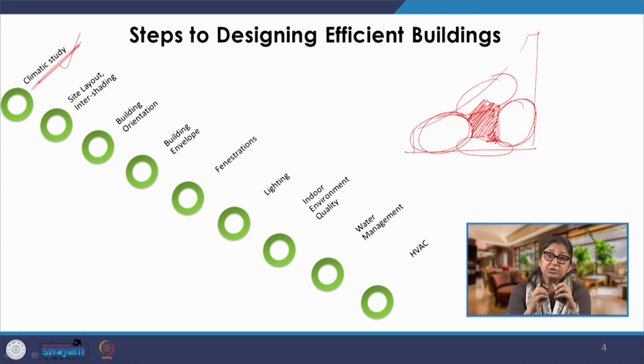Unfortunately, they do not respond to the climatic context, and that is why these buildings have become energy guzzlers. They take up so much energy because glass as a material will not perform in an extremely hot and sunny climate. It will work extremely well in a cold climate like that of Ladakh, but not that of Jaipur.